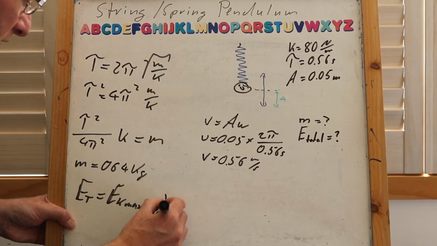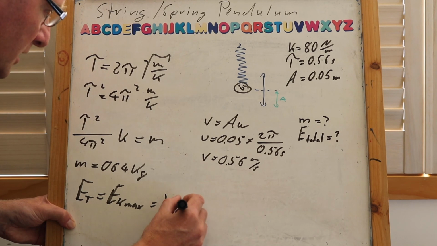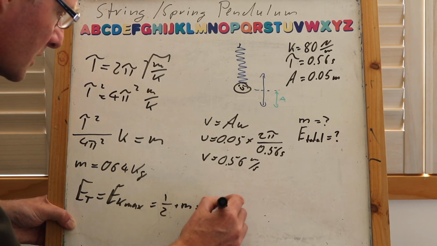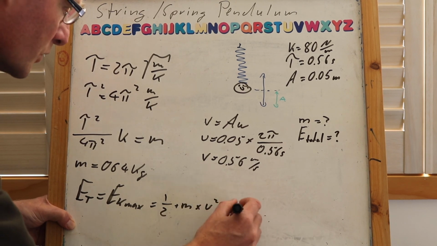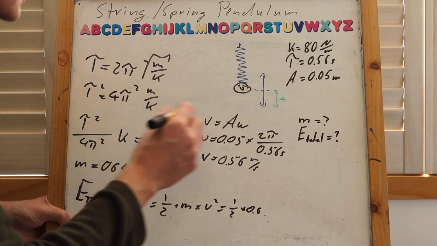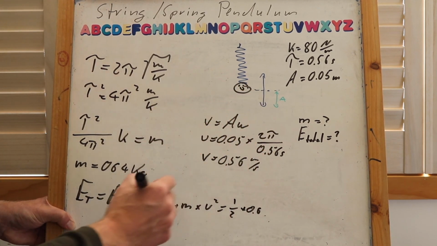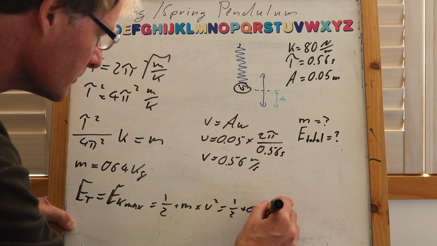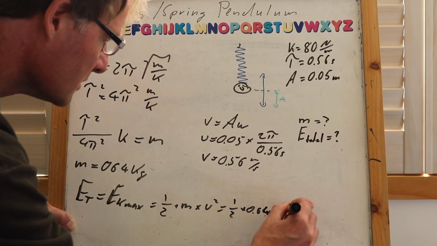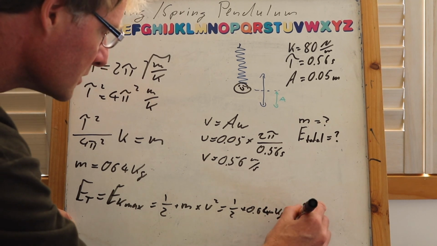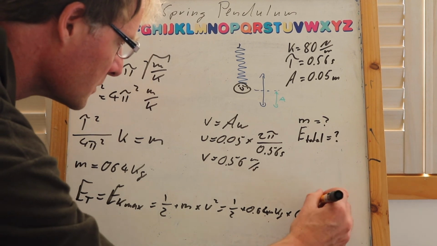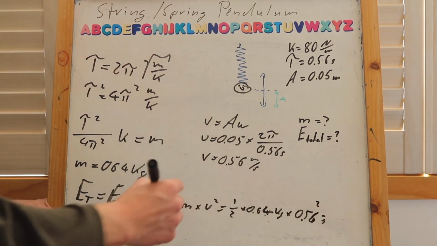Therefore, 1/2 times mass times velocity squared equals 1/2 times 0.64 kg times 0.56 meters per second squared.